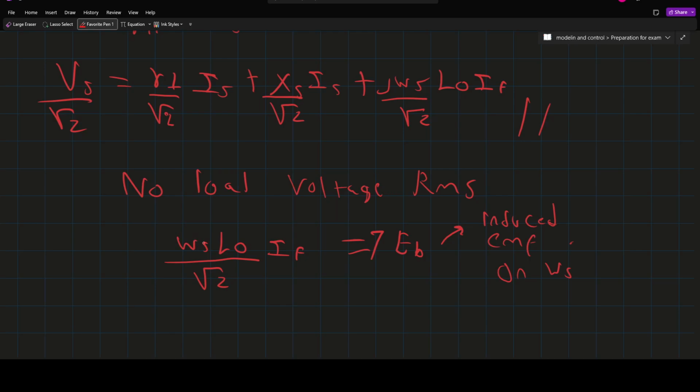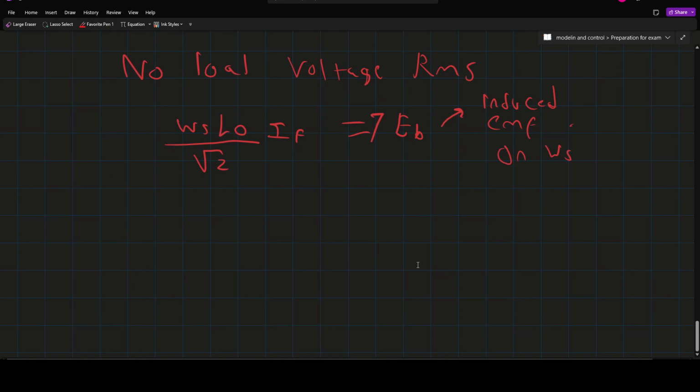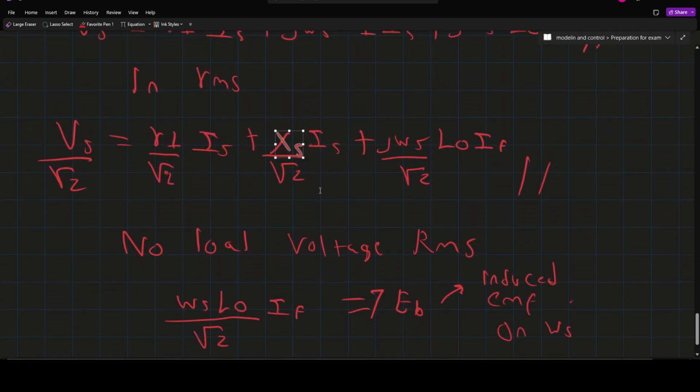So the faster the frequency, the more EMF we get. So this is depending on speed. And we have the synchronous reactance, that is our Xs that we found here.